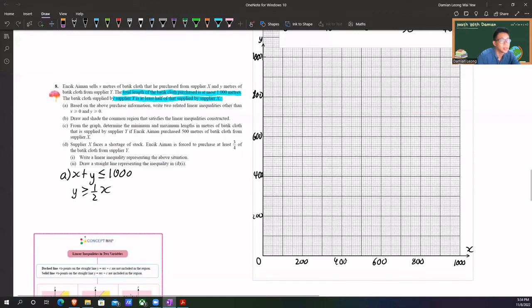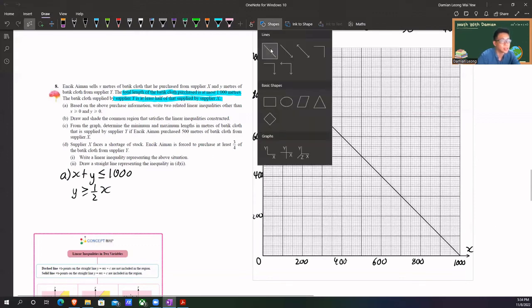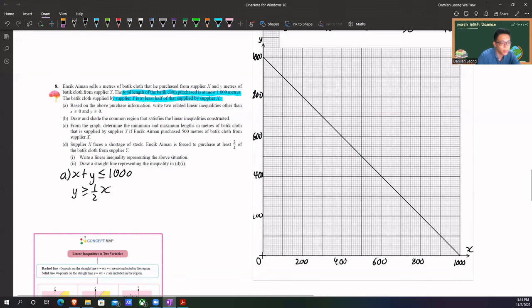So for X plus Y less than or equal to 1,000, the line will be like this. The other line is y equals half x, which means y is half of x. When X is 0, y is 0. When X is 200, y will be 100, half of it. So it will be like this. Okay, so the shaded region: this one less, below; this one more, above; and I'll be here.